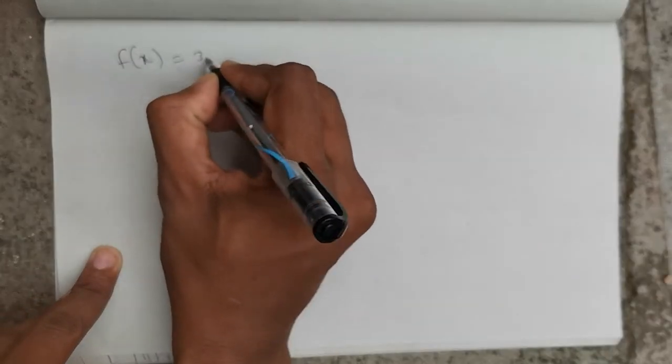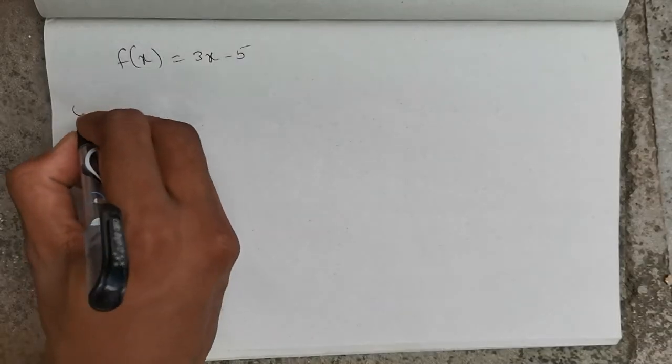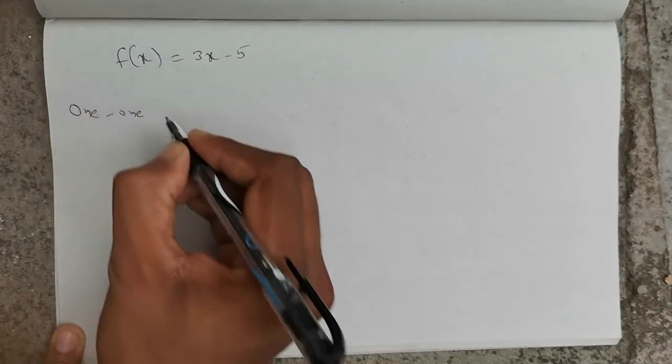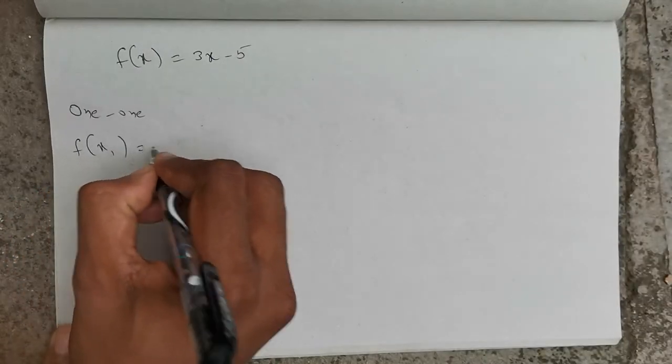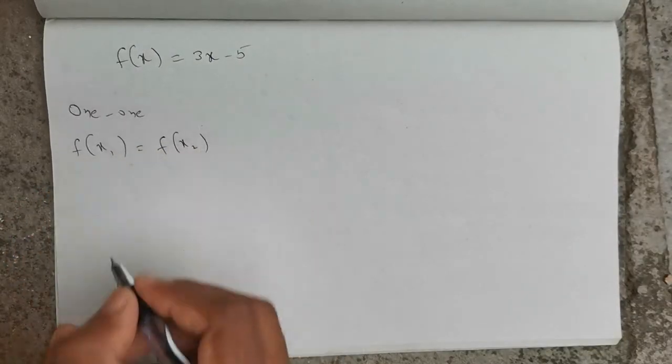Okay, let us check how to solve if the given function is linear. One function f(x) = 3x - 5. Check whether this function f(x) = 3x - 5 is a bijection or not. First we need to check one-one. How will we check one-one for a linear function? f(x1) should be equal to f(x2).